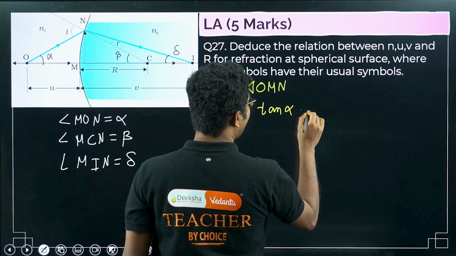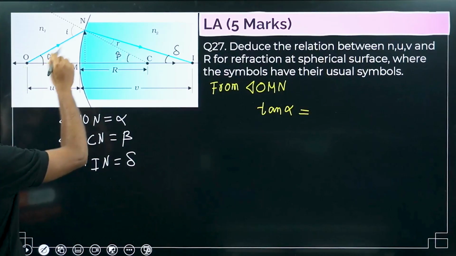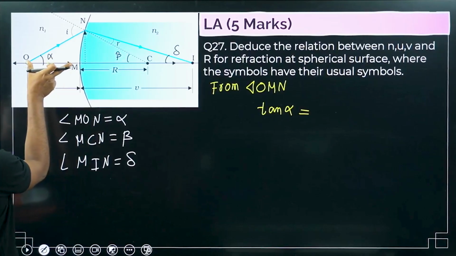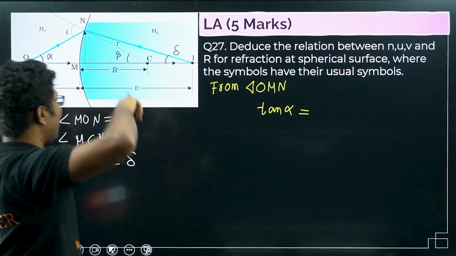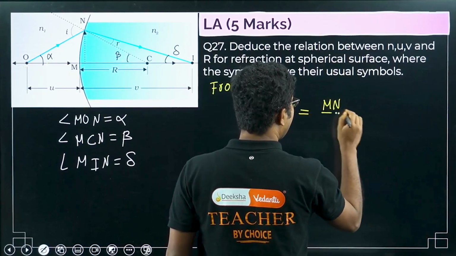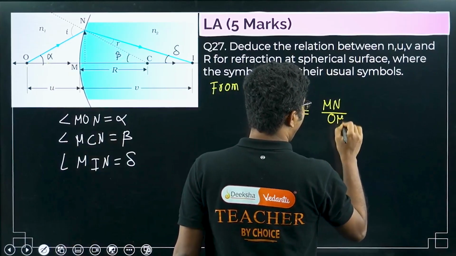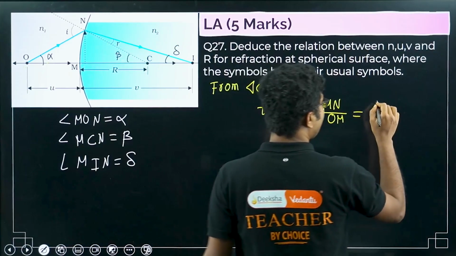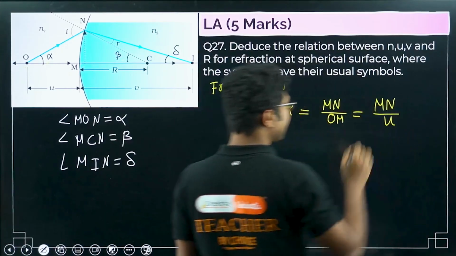So tan alpha equals, what is tan alpha? This is the angle, so this is the perpendicular, this is the base, right? The perpendicular is MN, and the base is OM. Or you can write MN divided by object distance u.